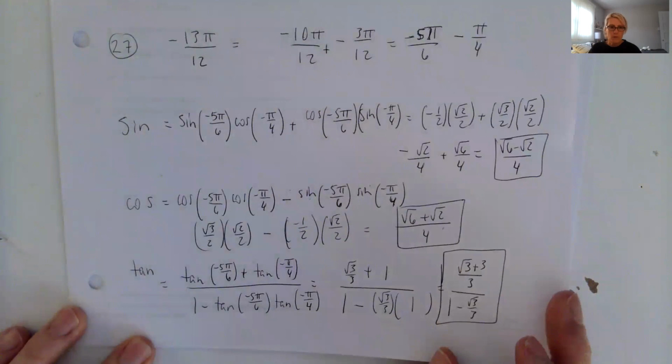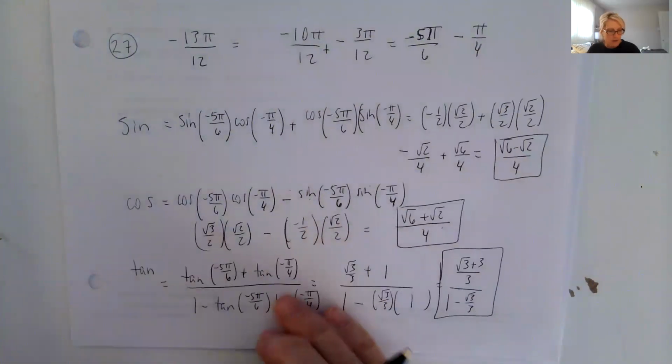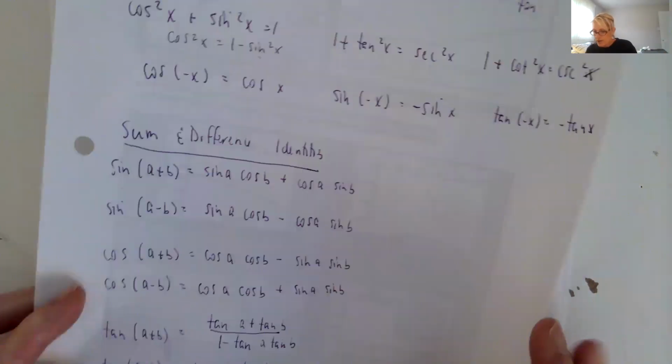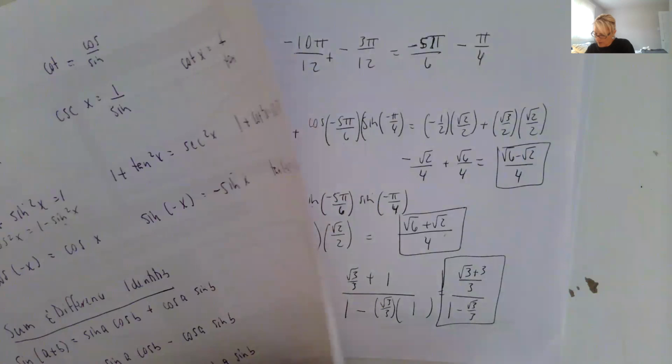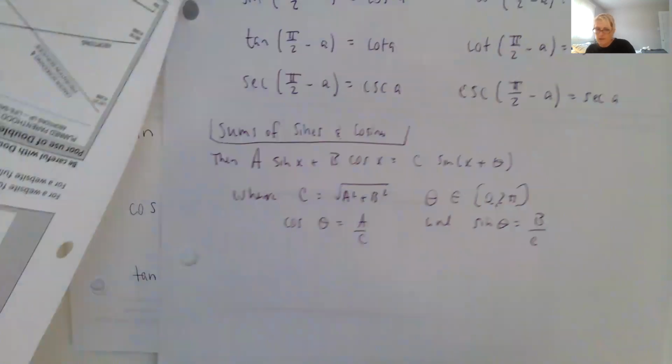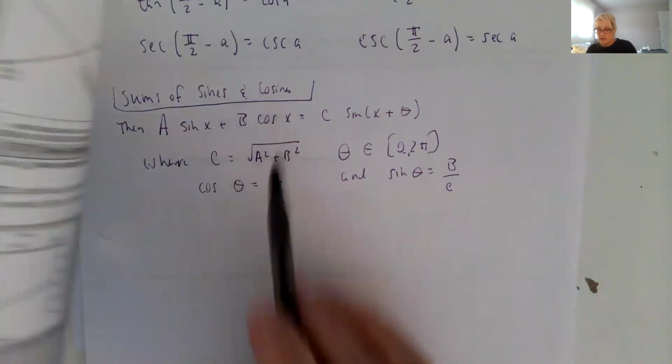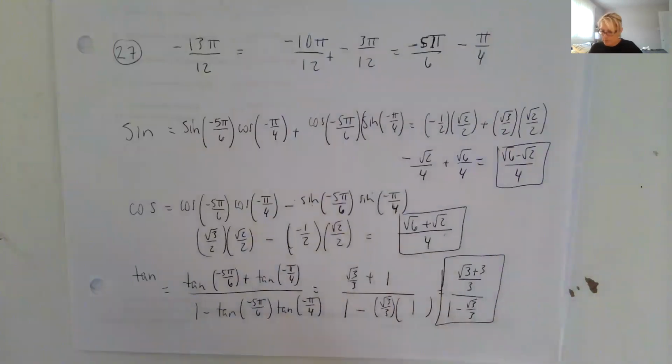This definitely takes some more work because you have to use the formula. Make sure again that you're putting the basic identities, the sum and difference identities, the co-function identities here, and the sum of sine and cosine, all of that on your note sheet for sure.